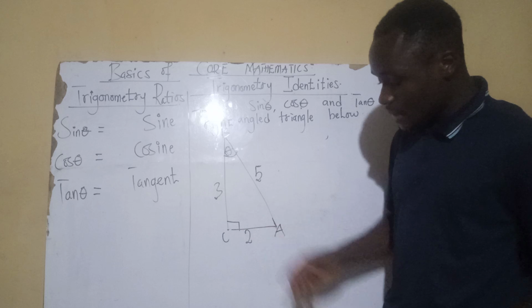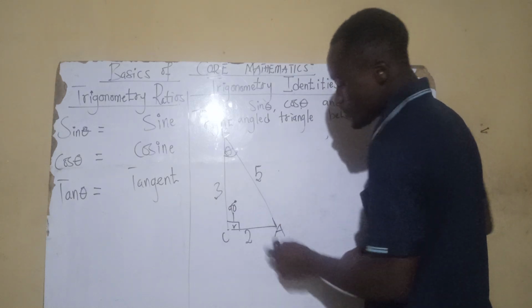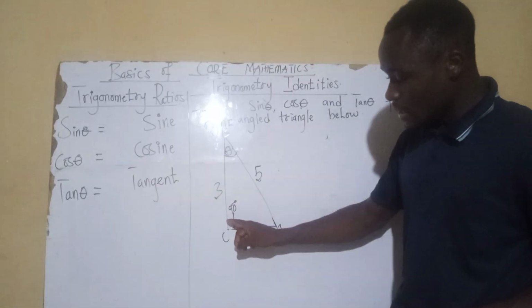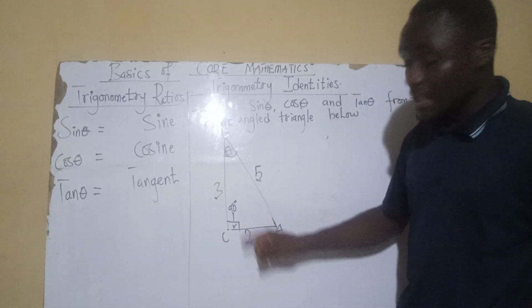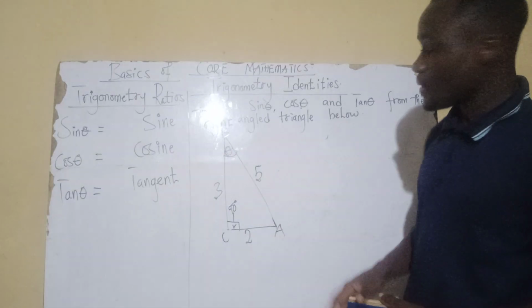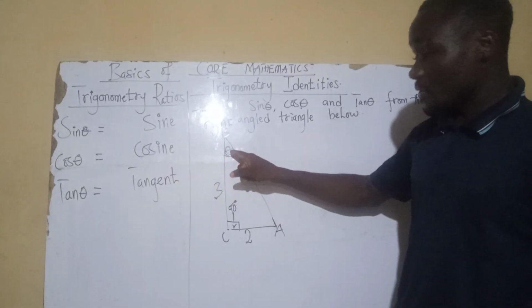Because of this angle 90 degrees here, that is why it is called a right angle triangle. So anytime that you see a symbol like this, it indicates that it is 90 degrees, and therefore this shape becomes a right angle triangle. Now this is where our angle of reference is.